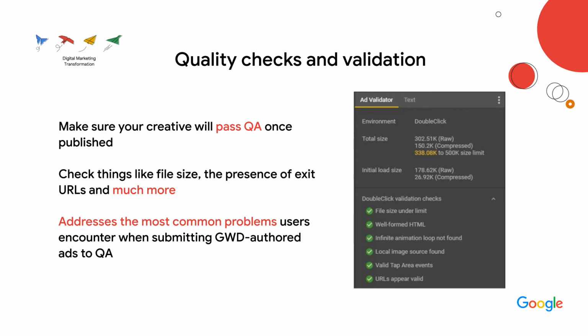Is it suitable for DV360? It's a really great tool that allows you to check where you are sitting when you're building on Google Web Designer. What's nice about it also is that when you publish your asset right at the end, there's one more validation check that tells you whether you're good to go or not. So you should never find yourself in a situation where you upload into DV360 and you get errors.